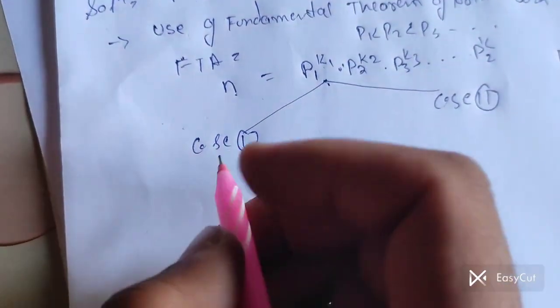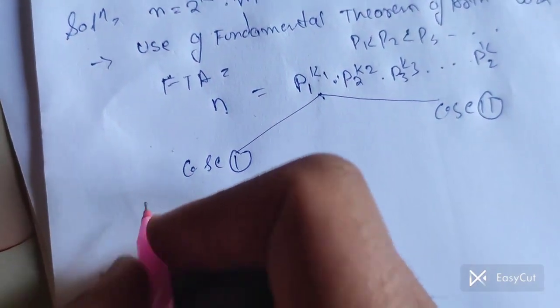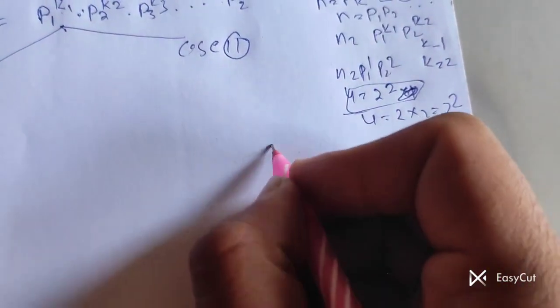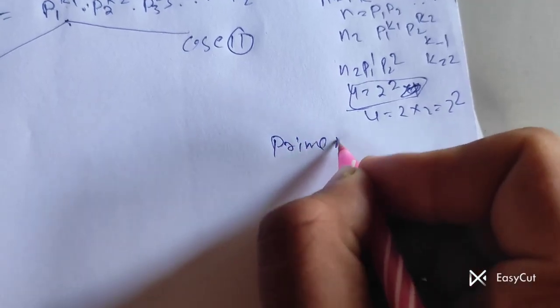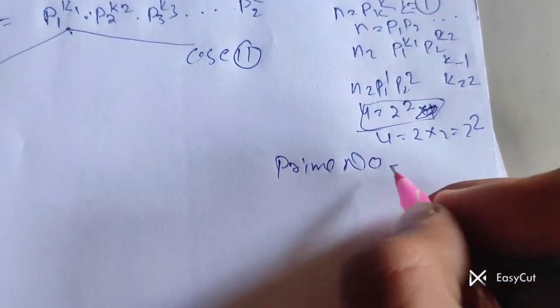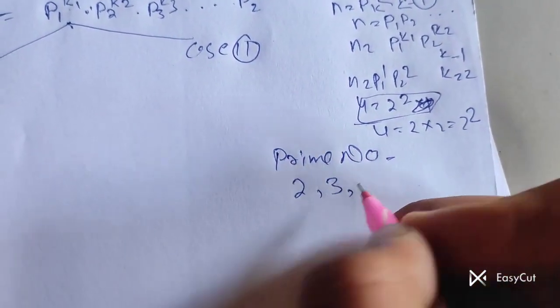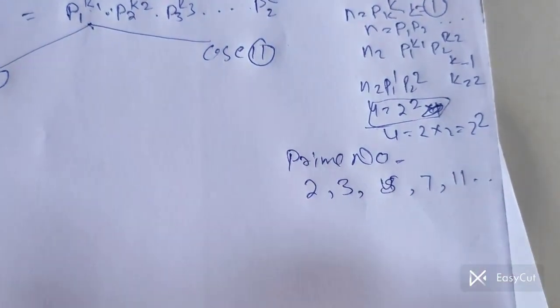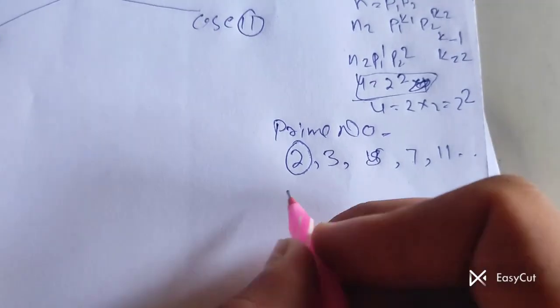The first case says: when we talk about prime numbers, we talk about 2, 3, 5, 7, 11 and so on. First let us talk about even.